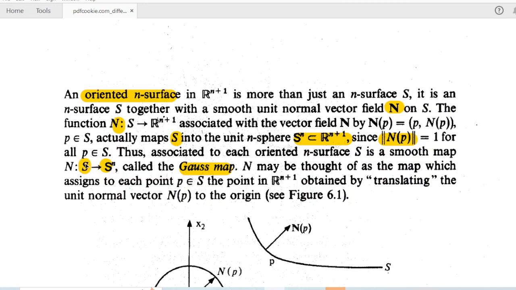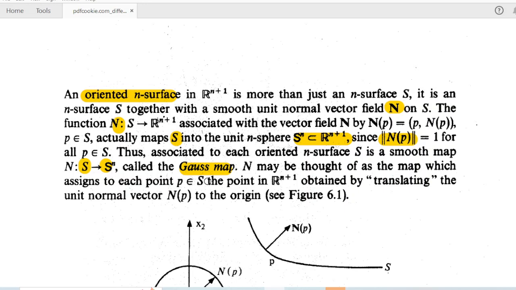Suppose we take n equal to 1, then we have a one surface to one sphere map, and this one surface is an oriented n surface.